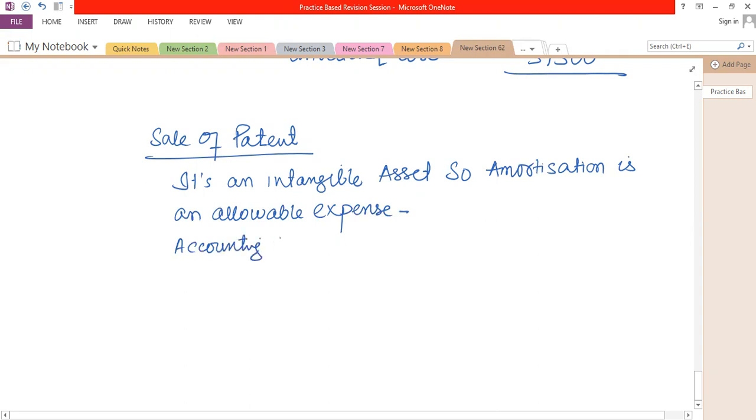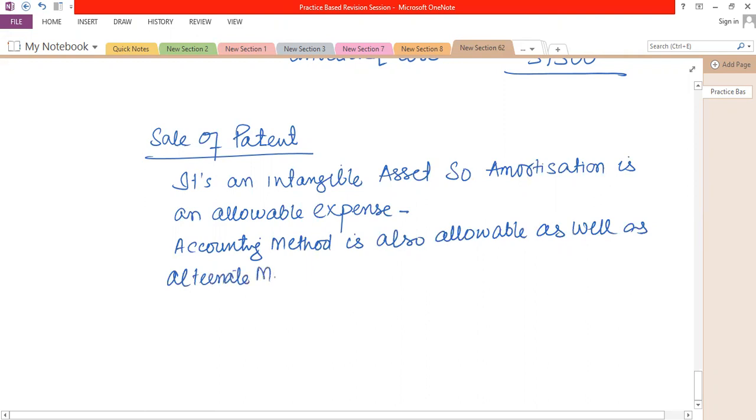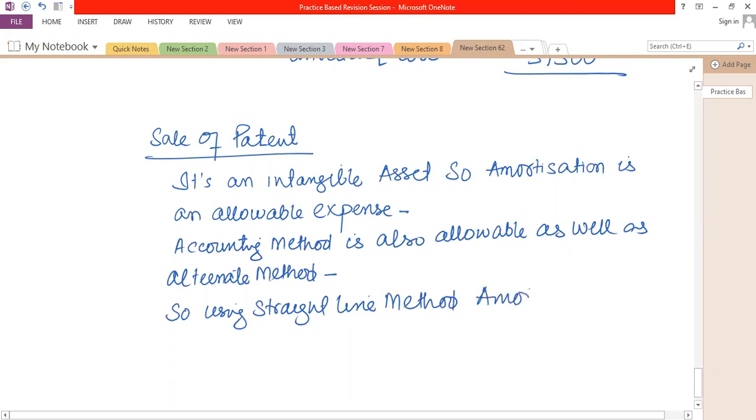Accounting method is also allowable, as well as alternate method. So using a straight line method, amortization is 10% because the life is 10 years.